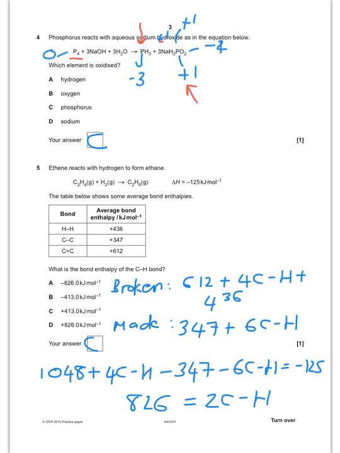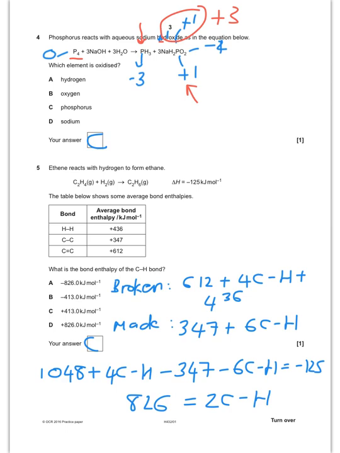So I've got a total on this side of +3, and therefore phosphorus must be +1 to make NaH2PO2 neutral. And therefore the element oxidized is of course phosphorus. It is of course reduced as well. It is a disproportionation reaction.